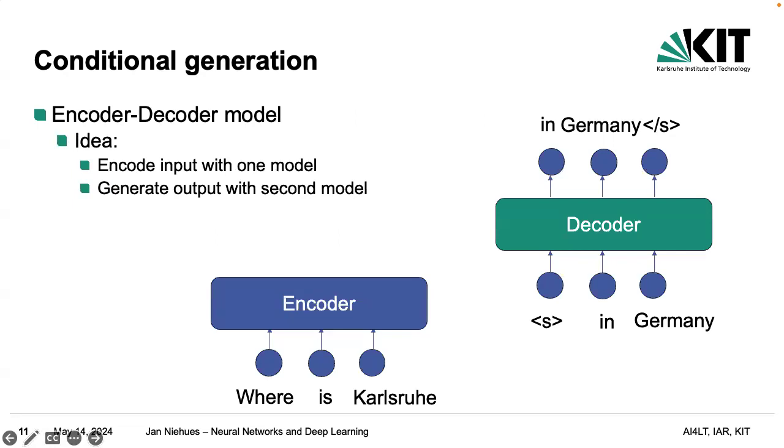We learned just the two components that we need. We have our input, we need to somehow encode that. There's an encoder for doing that. And then we want to have a decoder, which generates our output. So we have the two models, one an encoder, which takes the input, and then a generator which generates the output.